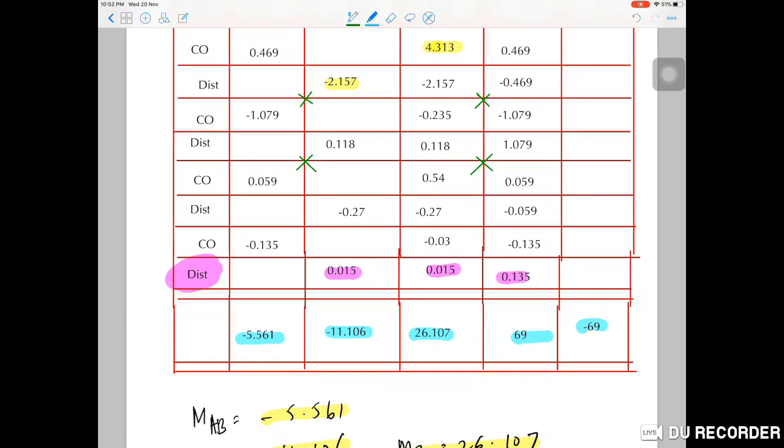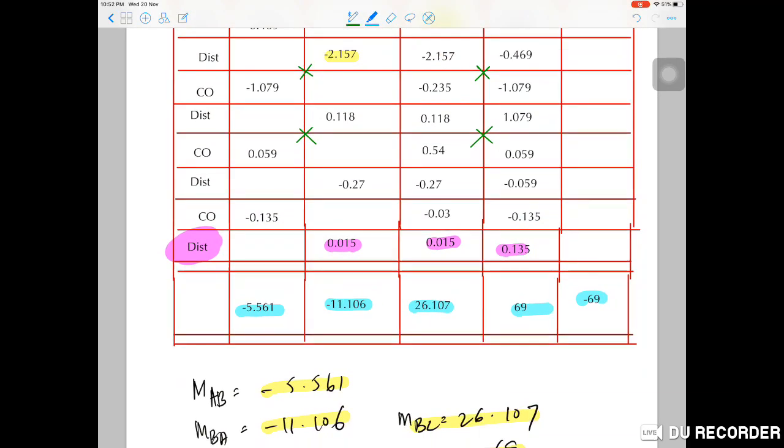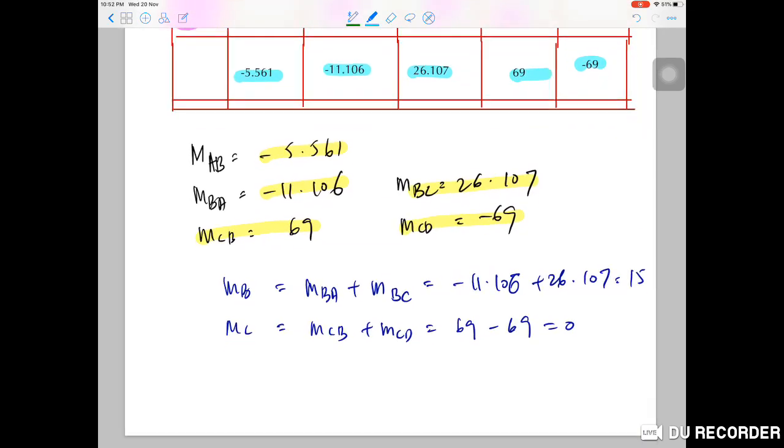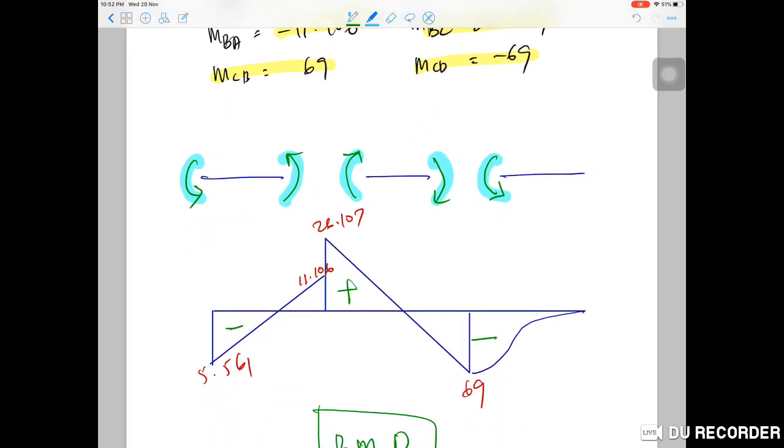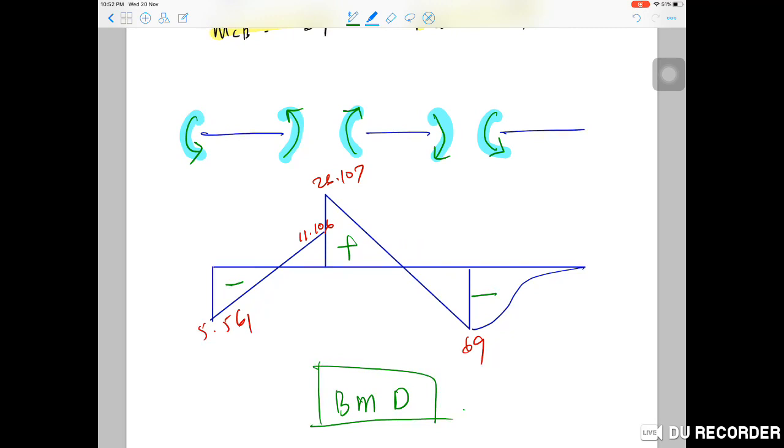This is the moment direction, and we transfer this moment direction into the diagram. So this is negative, negative, and positive, positive, and MCD is negative. Using this as our guide, we draw the bending moment diagram, as you can see here.